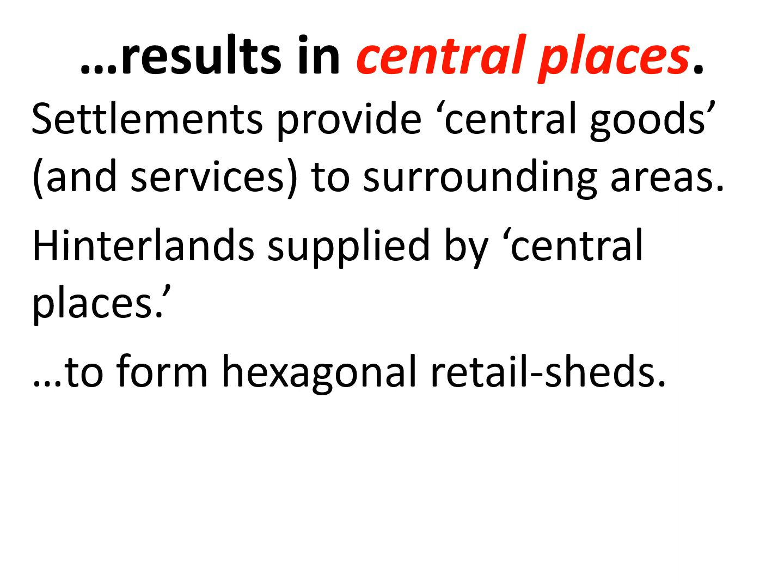And one of the trippy, weird things that arises out of this model is that if we assume that there are points where you can get particular kinds of goods and services, and that there are different kinds of points where you can get higher or lower order goods and services, it creates this trippy geometric pattern with hexagonal retail sheds.